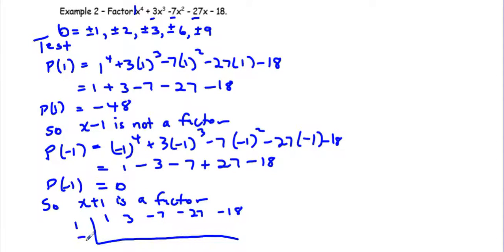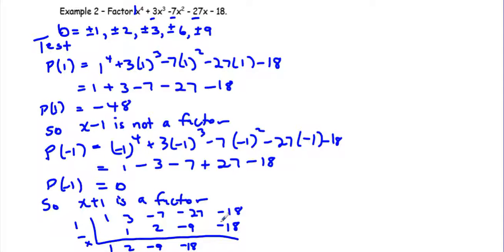I'm going to just put a minus and a times sign there. I'm going to come down 1, 2, 2, minus 9, minus 9, minus 18, minus 18.